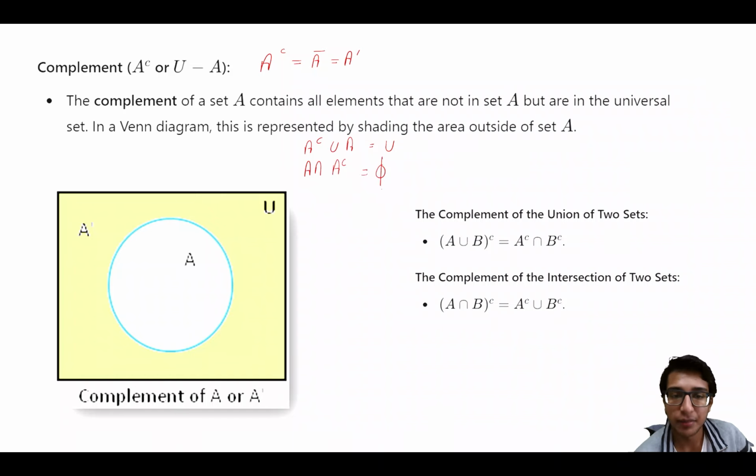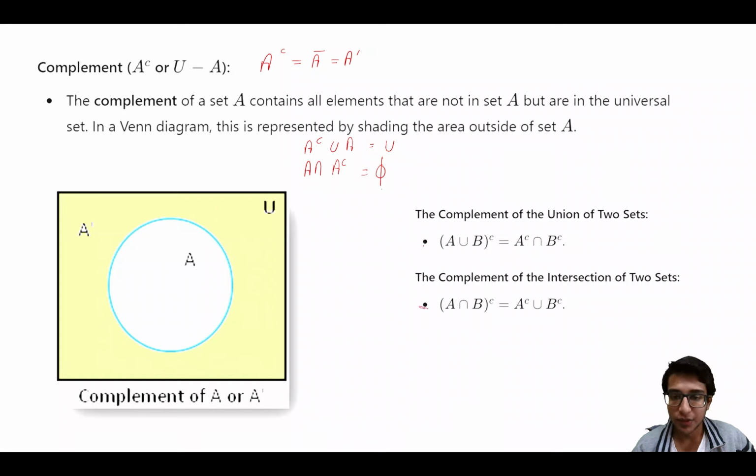Now let's say if I have two sets and if I find out certain types of functions or operations with them, so (A union B) complement would be A complement intersection B complement. The sign which used to be union changes, and for intersection as well, (A intersection B) complement would become A complement union B complement.